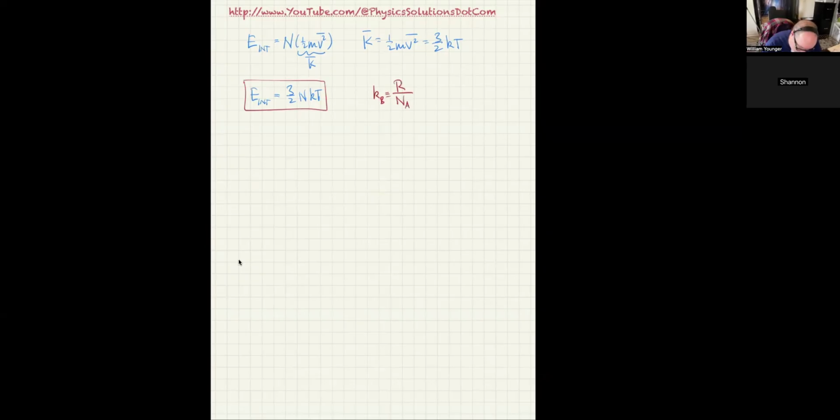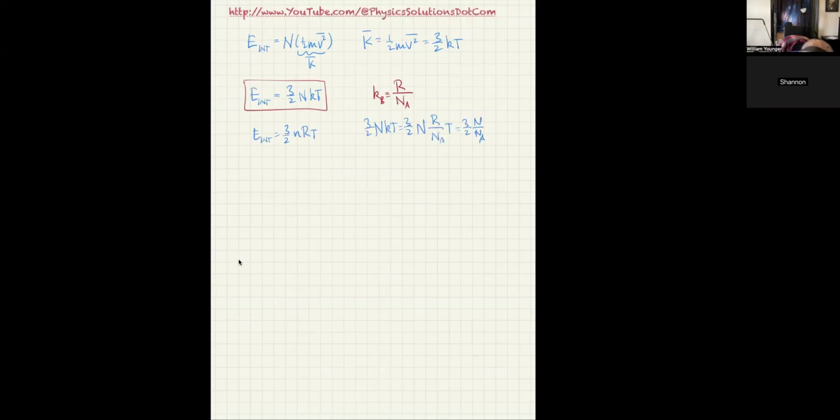Therefore, we can also write that E internal is equal to 3 halves N times R times T because of this. Basically, 3 halves N kT is equal to 3 halves N times R over N_A times T, which equals 3 halves N over N_A.